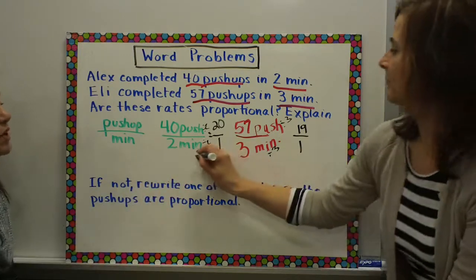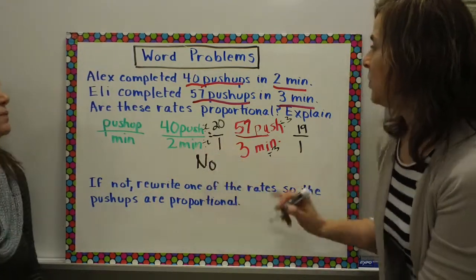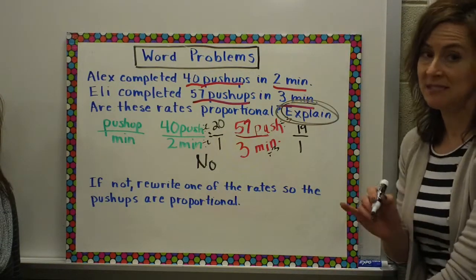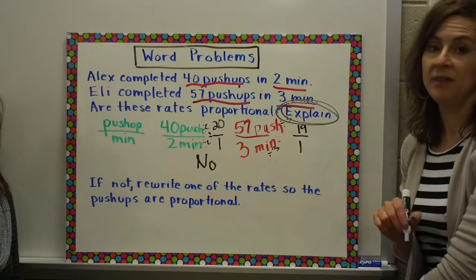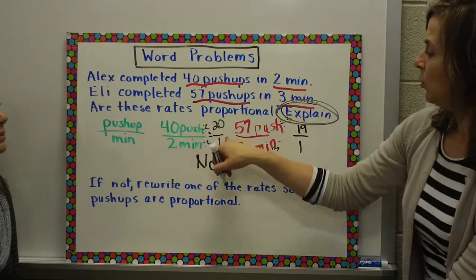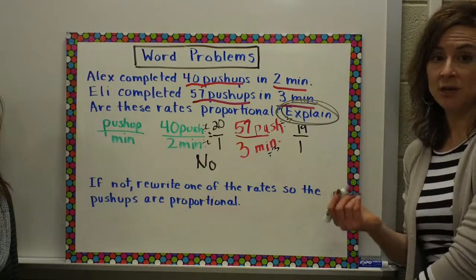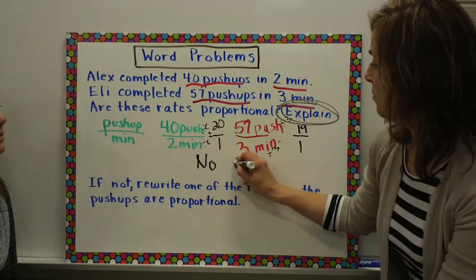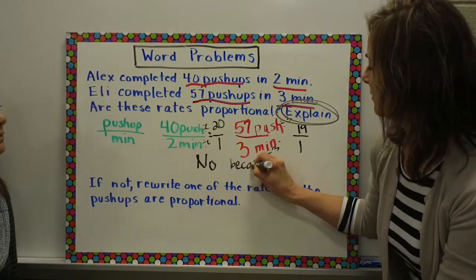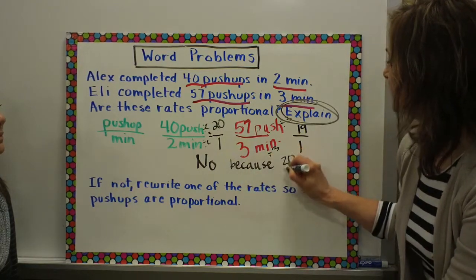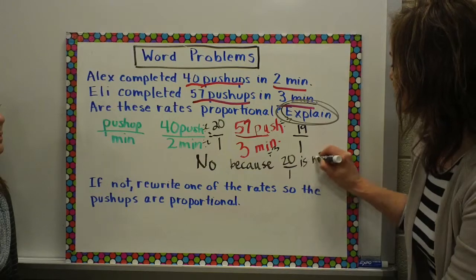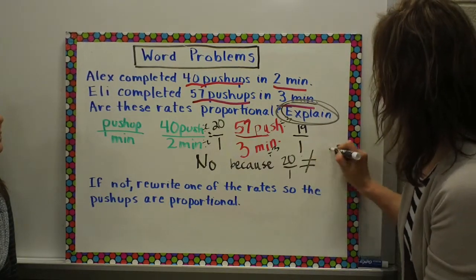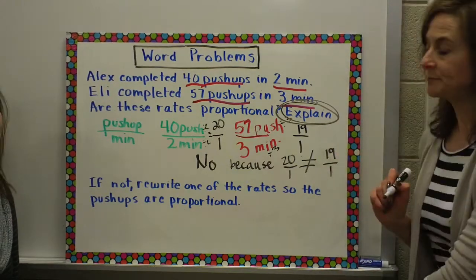The answer, no. Now notice that it says explain, and you do not want to make the mistake of answering without an explanation. Your work here is a starting point, but you would probably want to add on no, because 20 to 1 is not equal, oh, let's use our new sign, to 19 to 1.